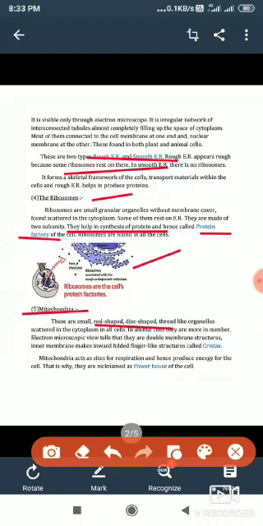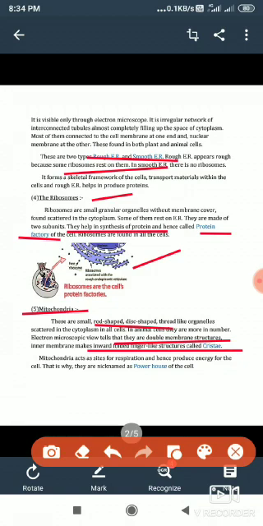It has a double layered membrane. This double layered membrane is arranged in two different ways. The outer membrane is smooth and the inner membrane is folded inside, forming finger-like projections. Those finger-like projections are called cristae.